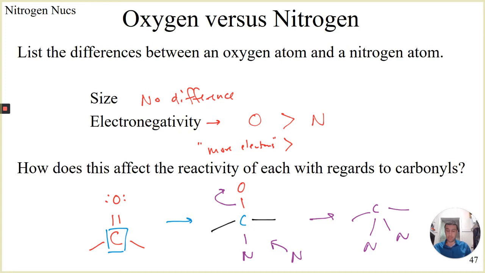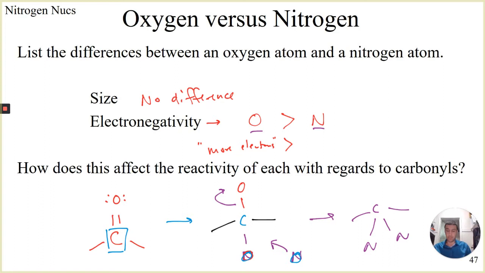Well, a lot of that is going to depend on the difference in reactivity between our nitrogen and our oxygen. Oxygen wants more electrons. So if I'm looking at the initial state with new oxygens coming in, that same oxygen is going to be less willing to share. So I need a second oxygen to help balance out that carbon.